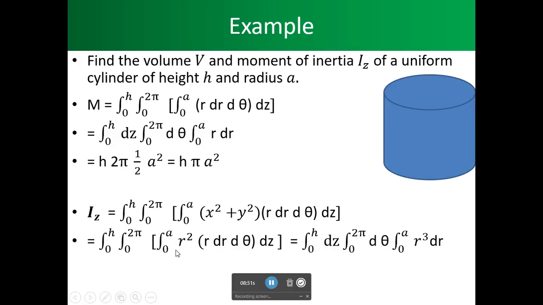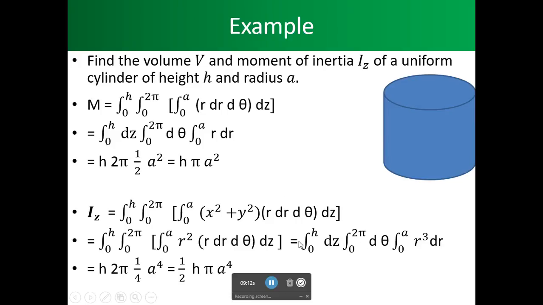And if we multiply this out, we get another r, so that's r cubed dr, d theta, and dz.